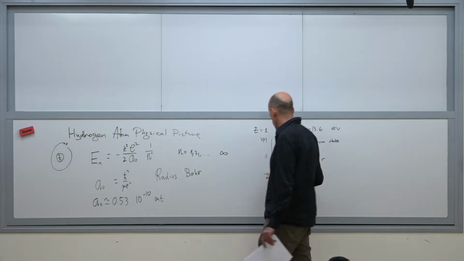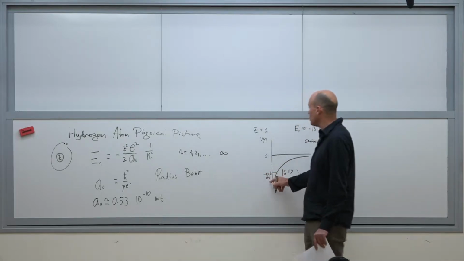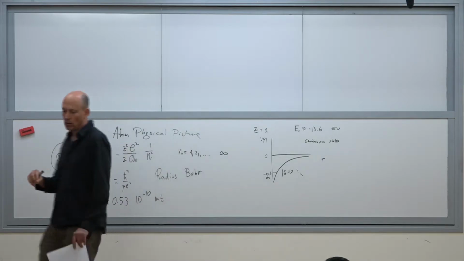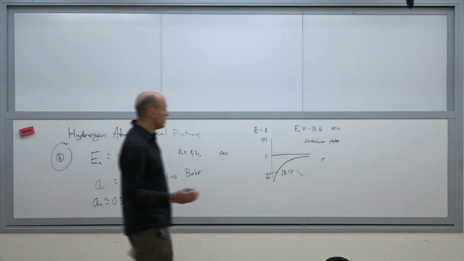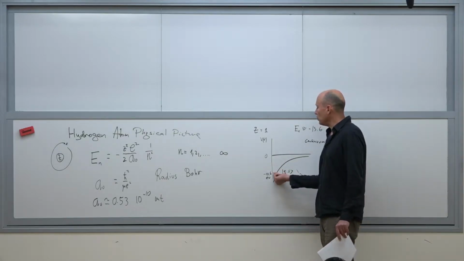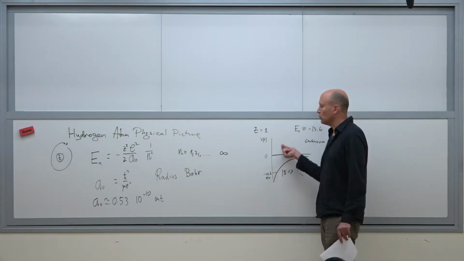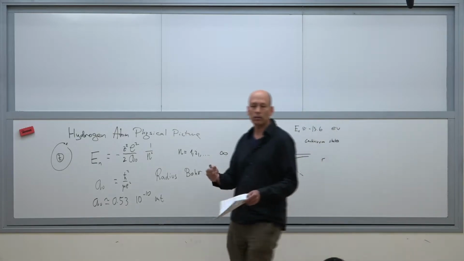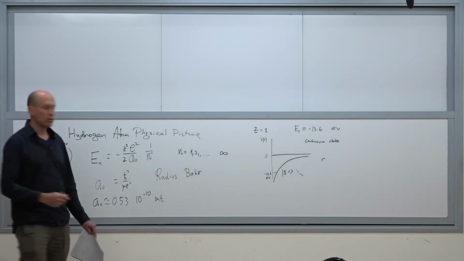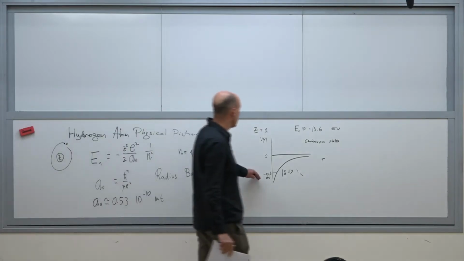All these, this energy you can also think about. Let us assume that the atom is in the ground state. That is, if you prepare it in a cold state, it will be in the ground state. This is the amount of energy that you need in order to ionize the atom, to break it, that is, to separate the electron from the charge. You need to pump in this amount of energy.